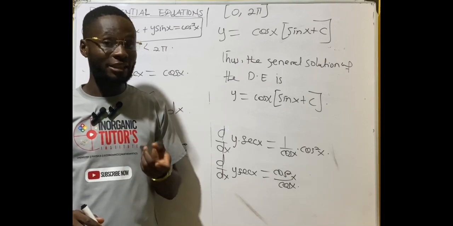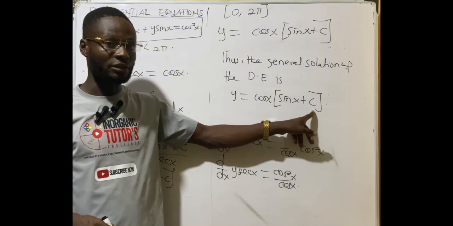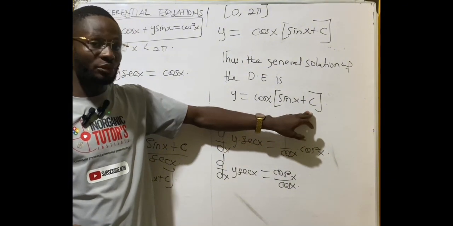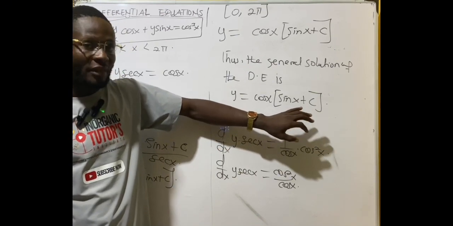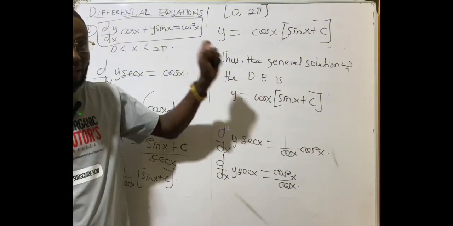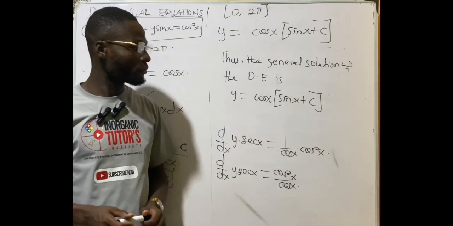If we were given initials, then we would have been able to find the constant of integration, but we were not given any initials. So we have to assume a value for c so that we can have the particular solution, so that we can do our graph, right?